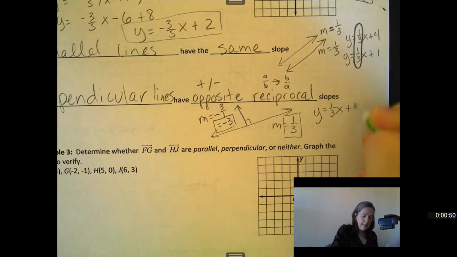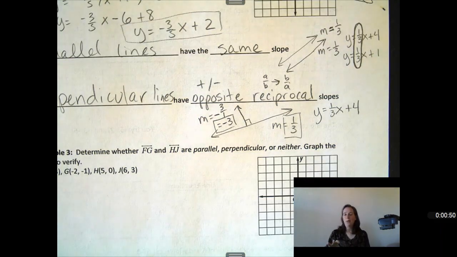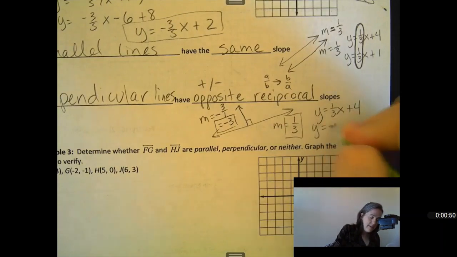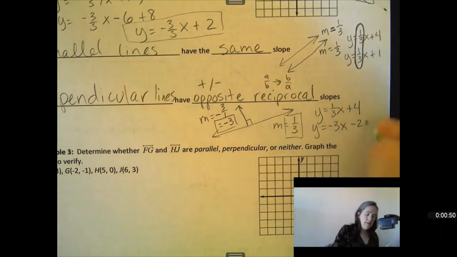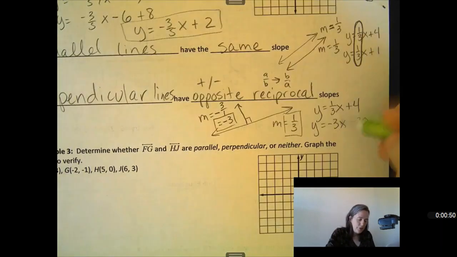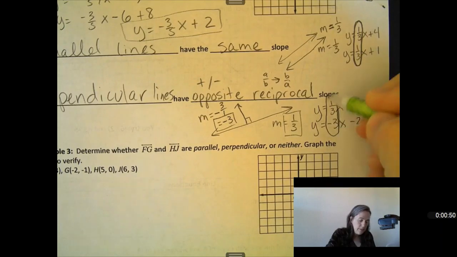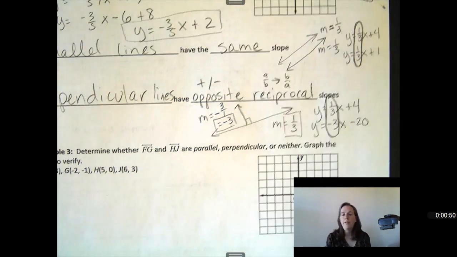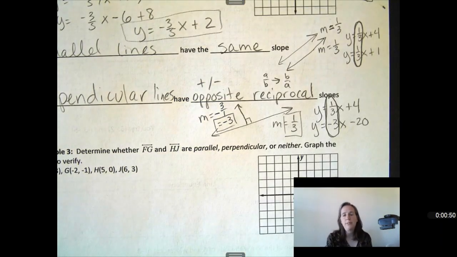Okay, and if we're looking at an equation, if I had a line that was 1/3 x, we'll just pretend it's the same as that one above, +4, and I'm given another line, I can tell for sure by looking at these two equations that these lines are perpendicular right there. 1/3 and -3 are opposite reciprocals.